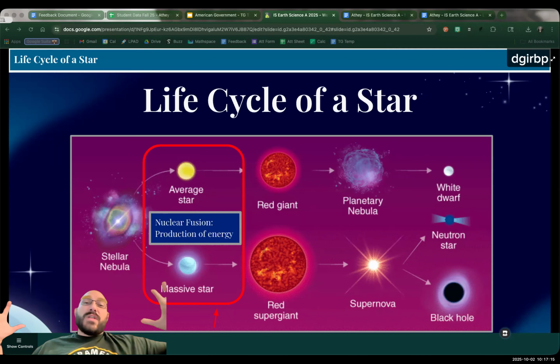Eventually enough stuff gets pulled together that it starts to form a star. But it doesn't become an official star until it starts fusing atoms. That's when it really becomes a star.